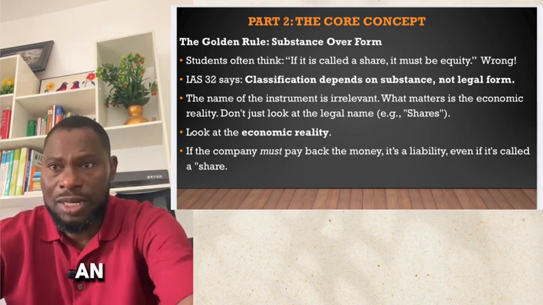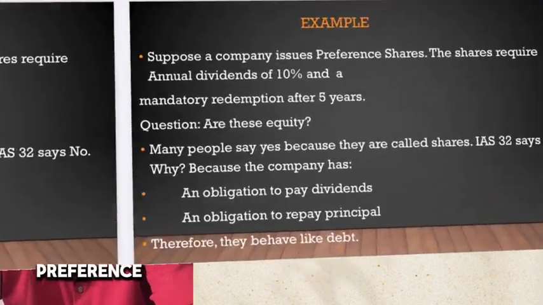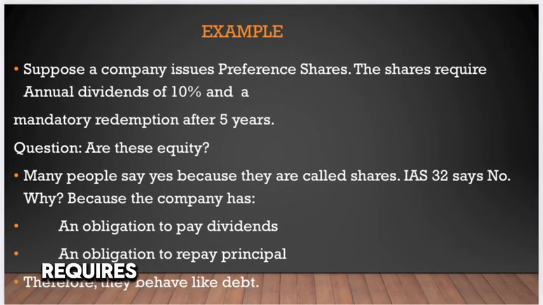Next, I want us to look at an example. Suppose a company issues preference shares. The share requires annual dividend of 10% and mandatory redemption after 5 years. You see this typical example. It's a preference share. Can you see the name is saying preference shares? You can see shares. But we are told that there's annual dividend of 10%. Have you seen any ordinary share carrying 10%?